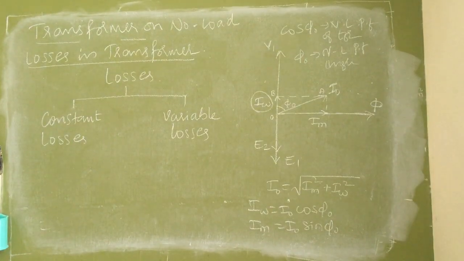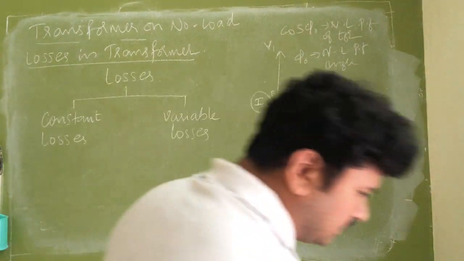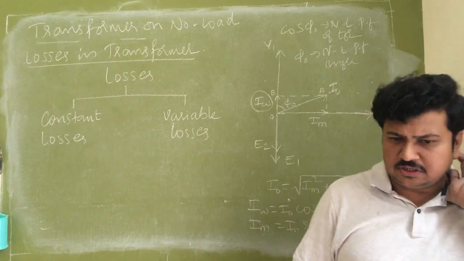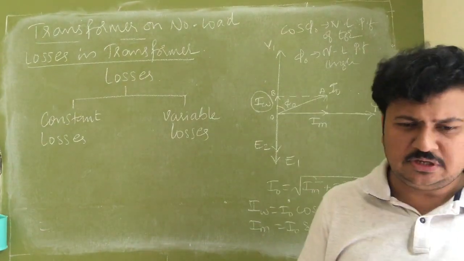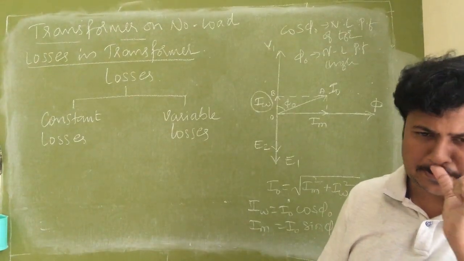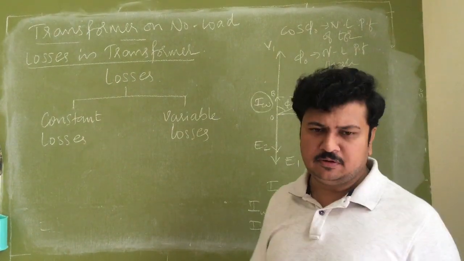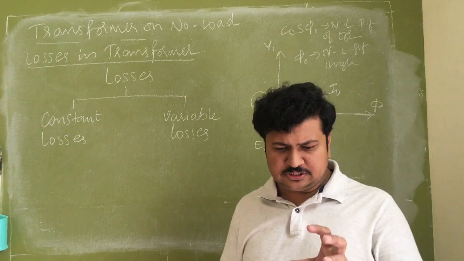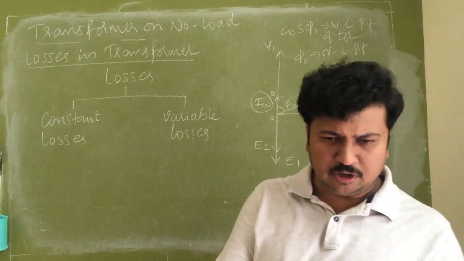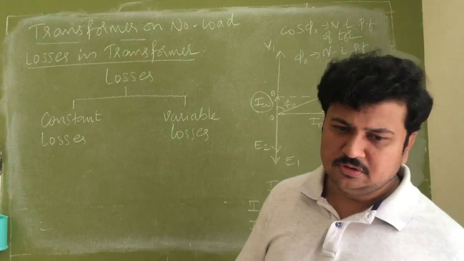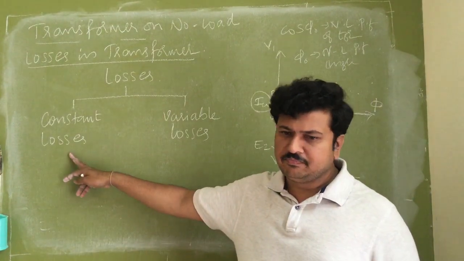What we mean by constant losses is the losses that are constantly present in the machine when the machine is connected to the supply voltage. Those losses which are present throughout the operation of this machine without change in their value are called constant losses.